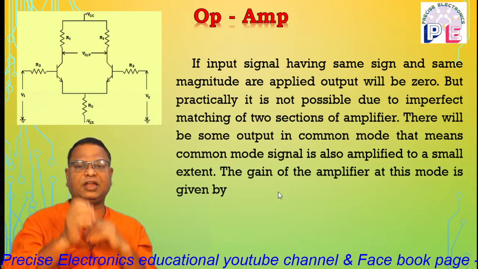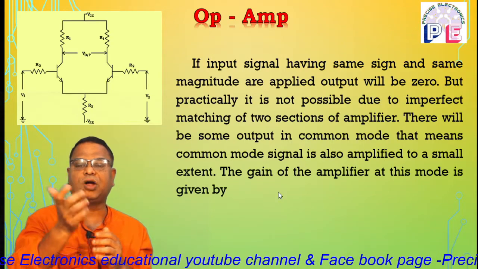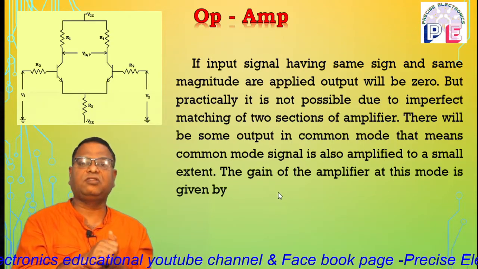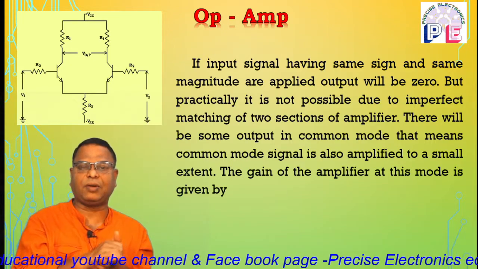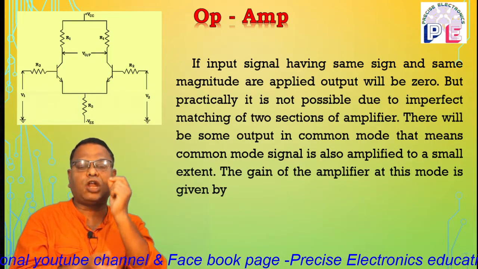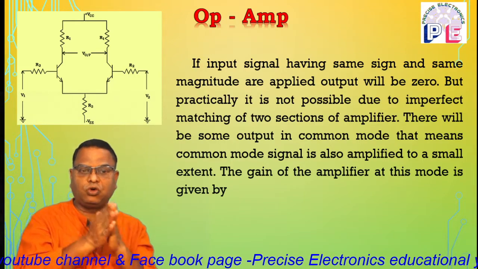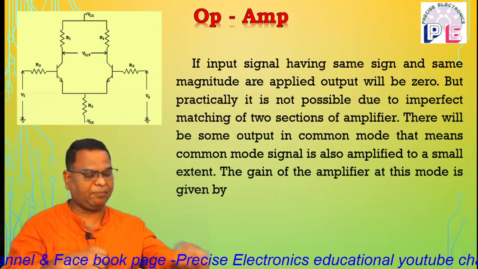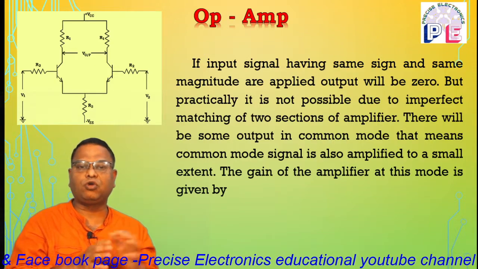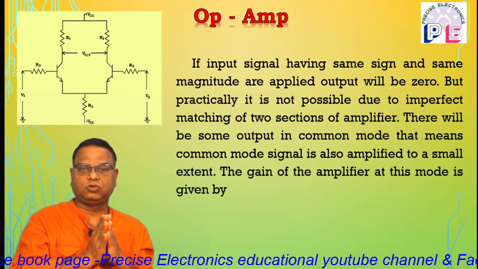So as IC1 and IC2 are different, there will be some output potential. That means if a common signal is applied, we are getting a small output potential, and this mode is known as common mode, and the gain of the amplifier in this mode is known as common mode gain.